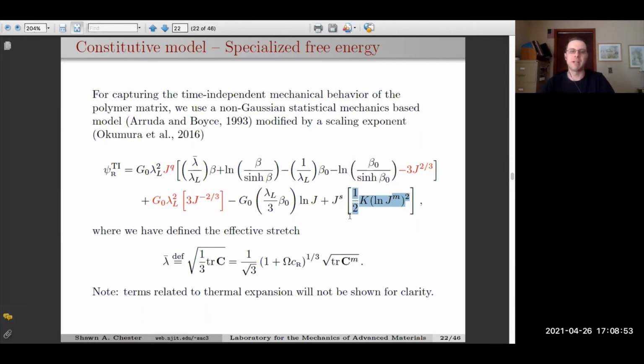So the Js makes it per reference volume. And just like standard hyperelasticity, we have the effective stretch, 1/3 trace of C or 1/3 I1 with the square root there. Because of the kinematic decomposition of the deformation gradient into mechanical and swelling, the effective stretch has two components. One of them is mechanical and one of them is swelling. So that's rather nice.